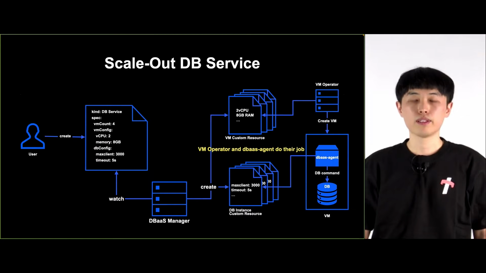And so the VM operator and DBaaS agent will create the VM and the DB will be synchronized, and as a result there are 4 DBs. The declaration was changed, and the system is updating the components automatically.